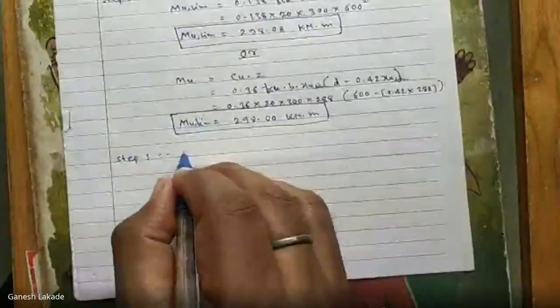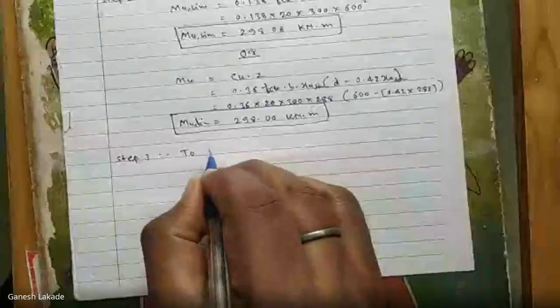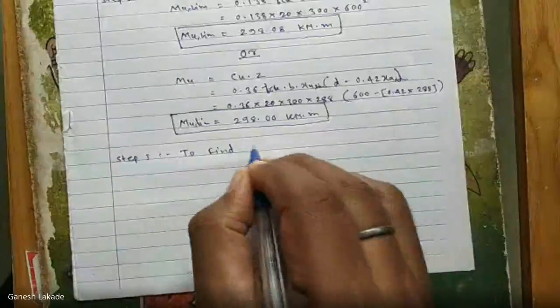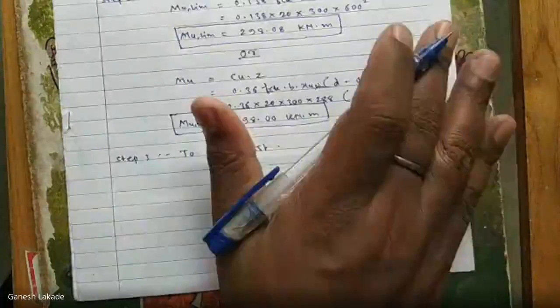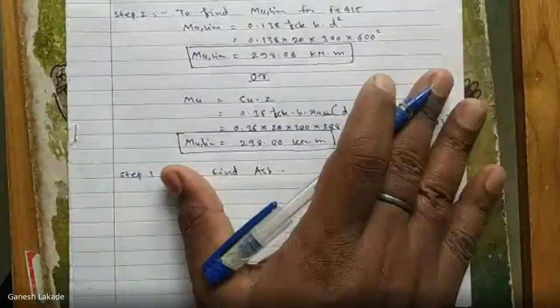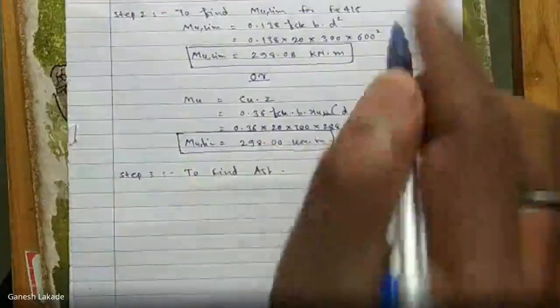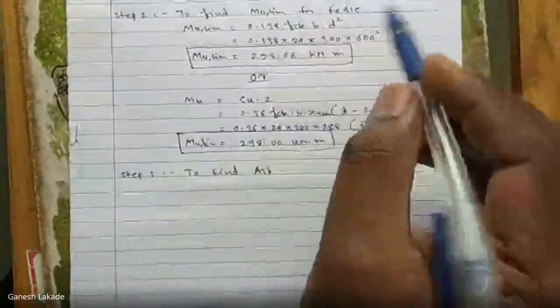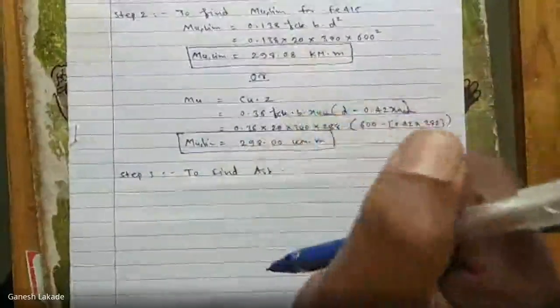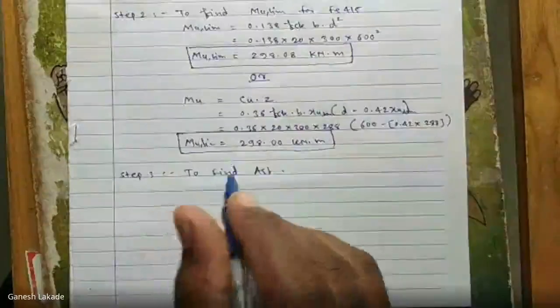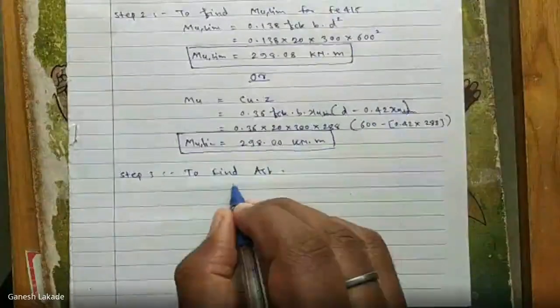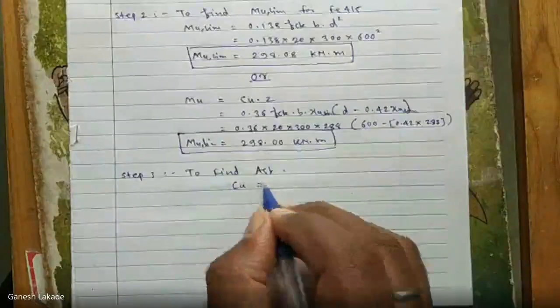How to find out AST? Now we know XU limiting, and we know the value of MU limiting also. To find AST, we can compare Cu with Tu.